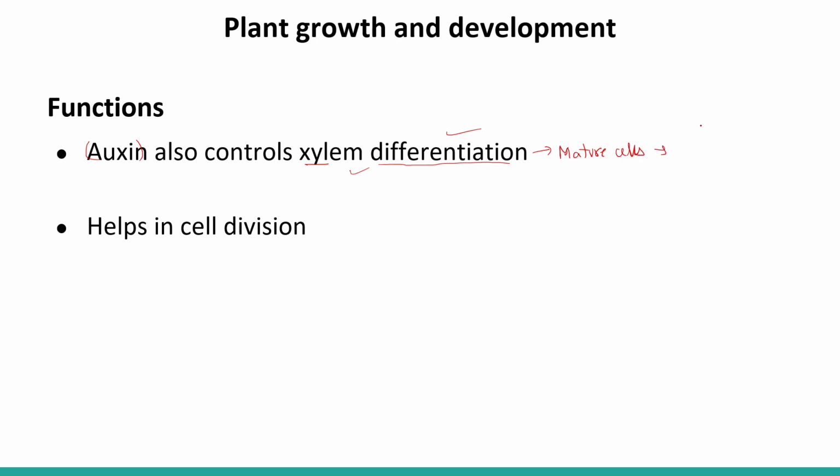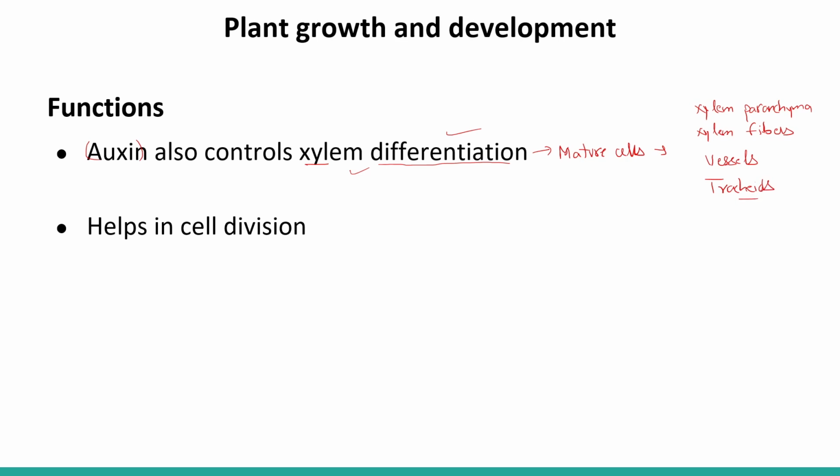Usually the xylem differentiates into 4 types of specialized cells: xylem parenchyma, xylem fibers, vessels, and tracheids.